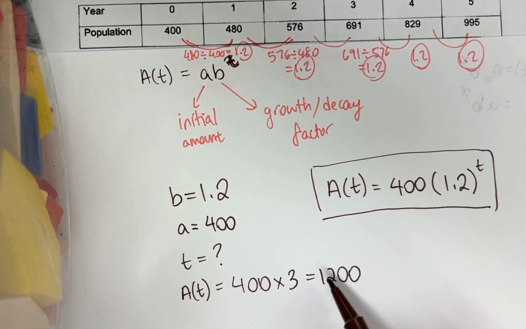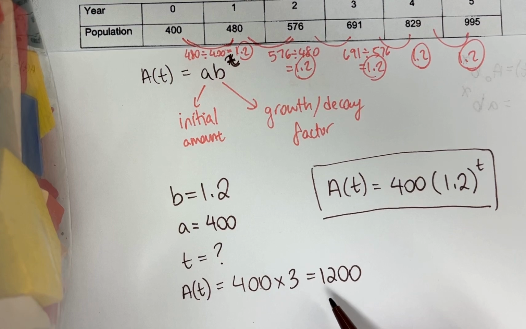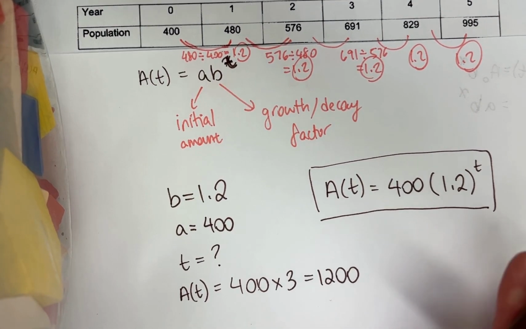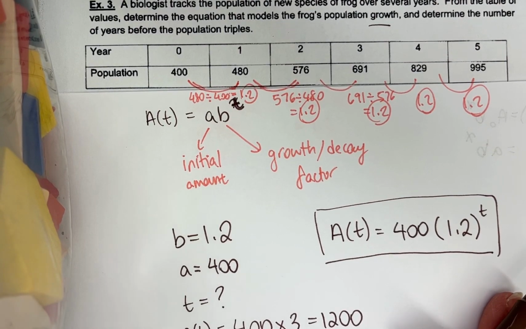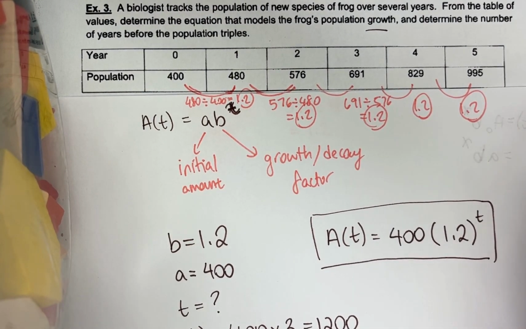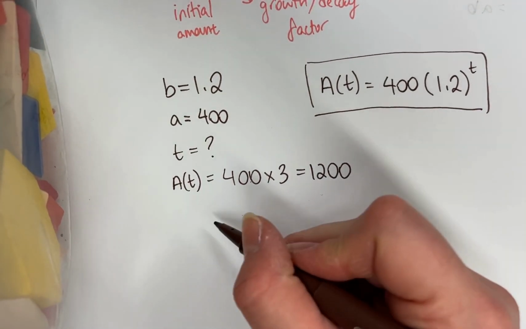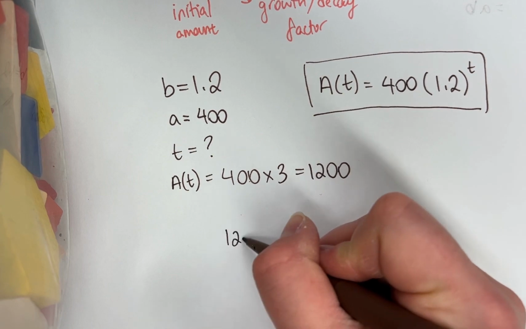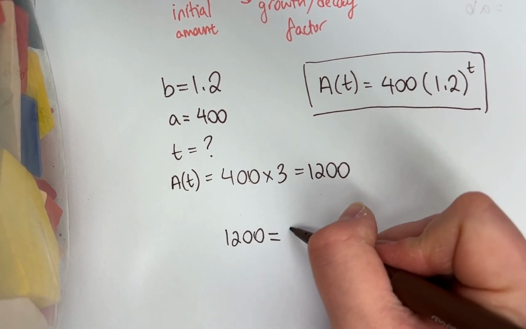So we want to know how many years it took for the population of frogs to grow to 1,200. Okay, I can continue this table over here, or I can find it algebraically, which is the preferred method. So I know that a of t is 1,200 equals my initial amount.